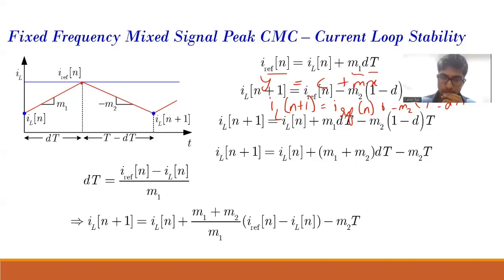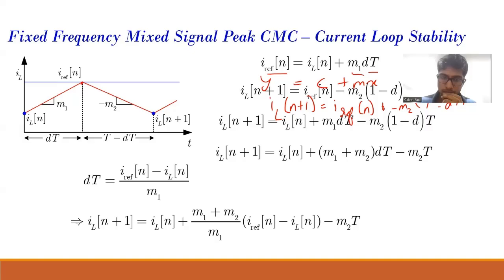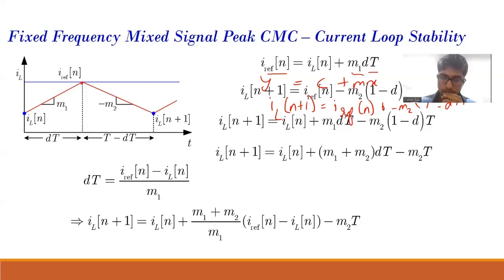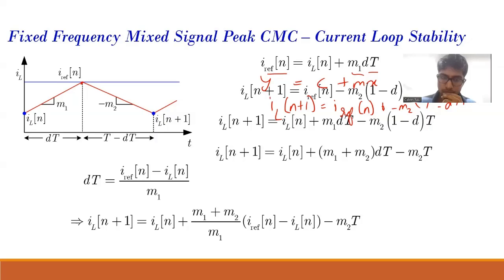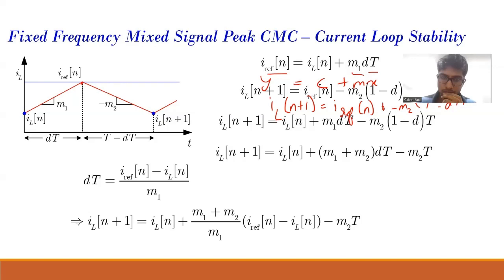For buck converter, the first slope M1 should be Vn minus V0 by L. M1 should be Vn minus V0, right? That is fine. M2 is V0 by L. So it should come V0 by Vn minus V0 should be less than... let me derive the condition.